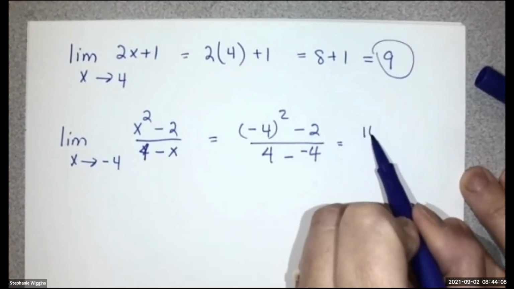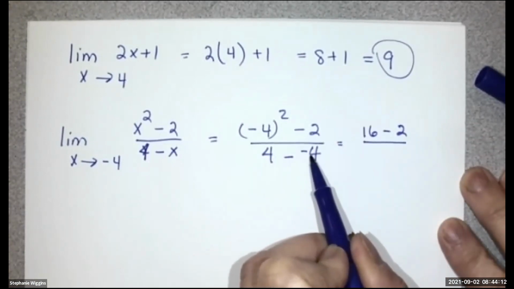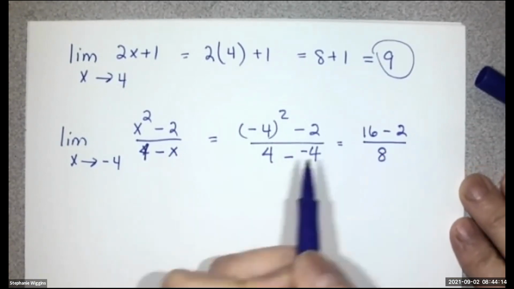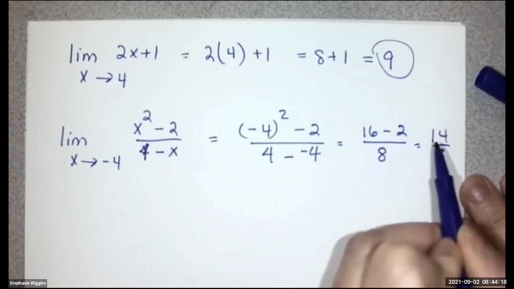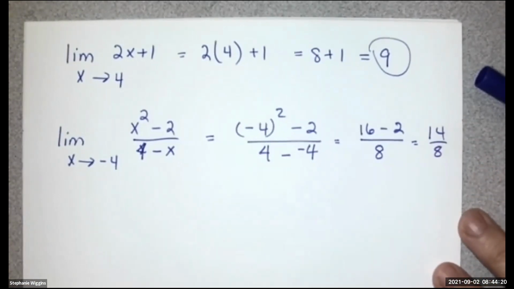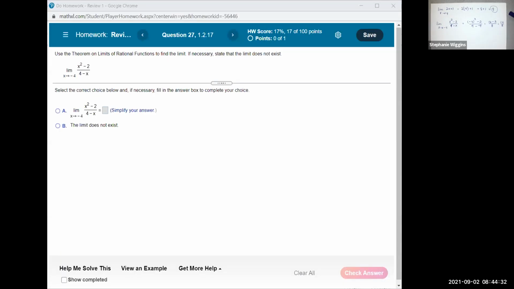So you have 16 minus 2, 4 minus a -4 is 8. So it's going to be 14/8. So that's pretty easy. That's again, just plugging the number in and calculating it. Okay. The problem occurs is when you get 0 divided by 0. That's where the problem occurs.